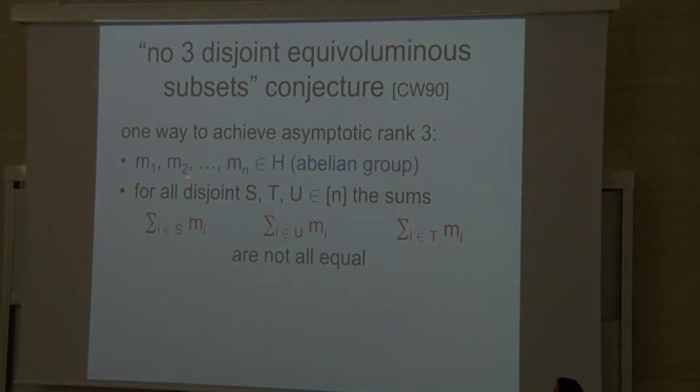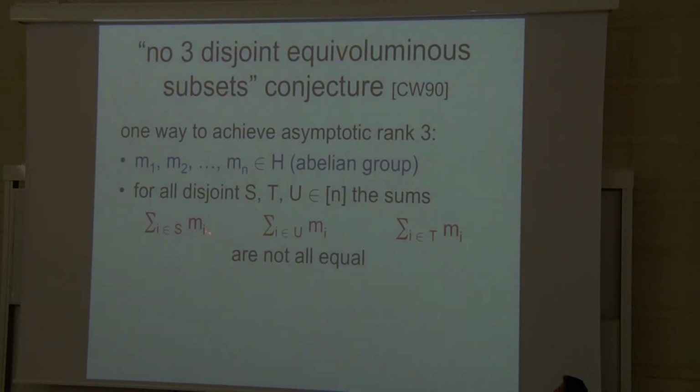If you have a collection of n elements coming from an abelian group H, they satisfy the no three disjoint equivoluminous subsets property if for every three disjoint subsets of n, if you take the associated sums of those elements, those are not all equal. Not all equal.